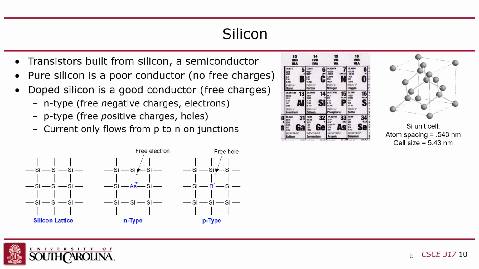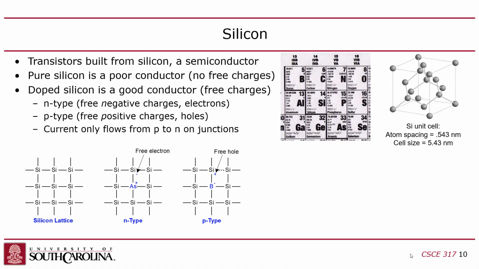And that electron has the ability to move; it can leave the arsenic atom. So the arsenic atom has 5 valence electrons, but that extra electron can leave, and it can move around the lattice freely. So what happens there is that you have what's called mobility.